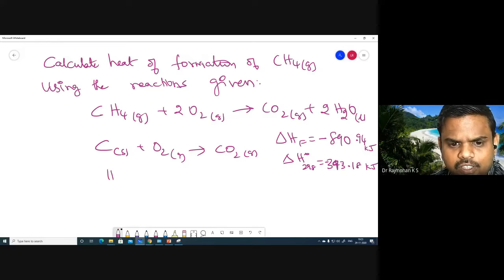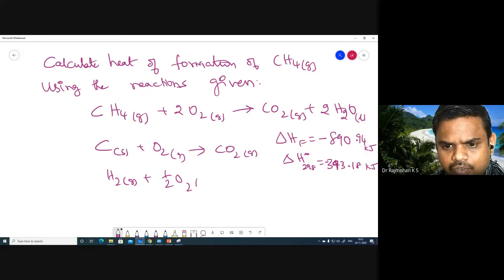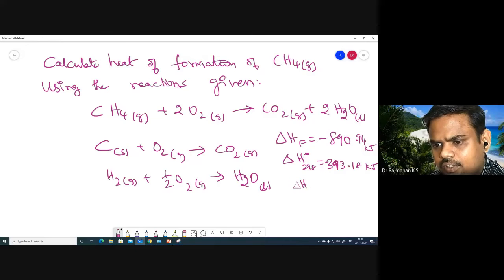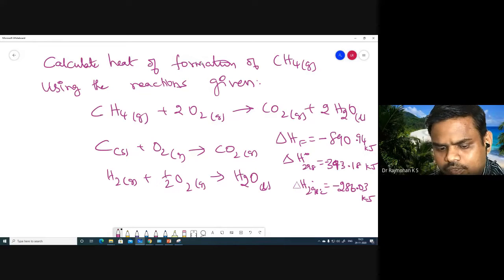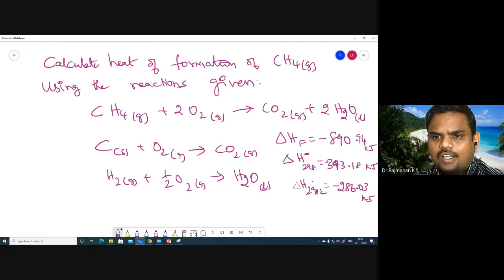Another reaction is given, H2 gas plus half O2 gas gives H2O liquid, where delta H at 298 is equal to minus 286.03 kilojoules. So these are the reactions given.